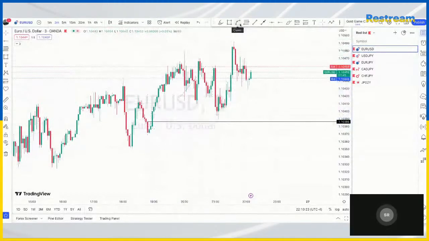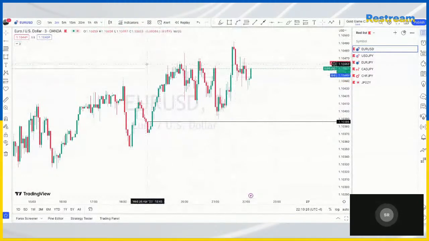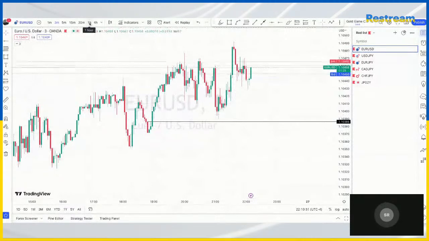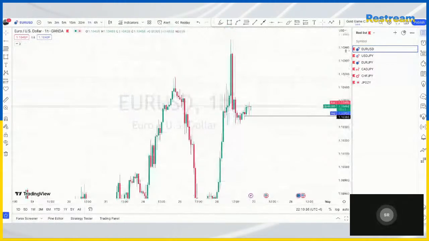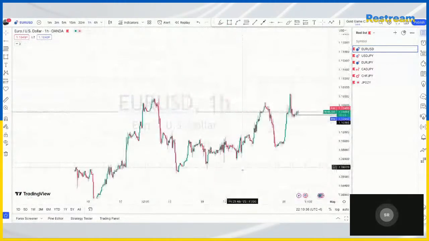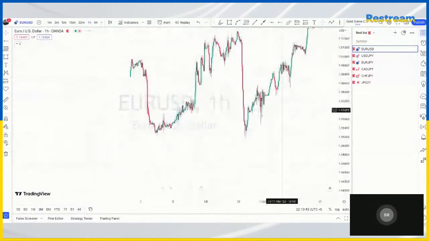Super simple. I mean, and we are on the uptrend on a higher time frame on 1 hour. So because if I go there and then I zoom it out, you can see it's all been going up. It's all been going up.